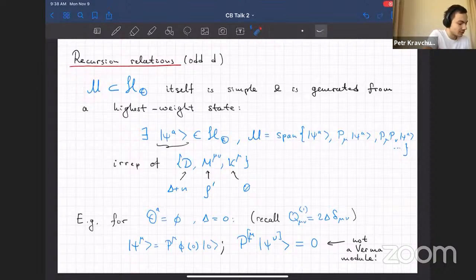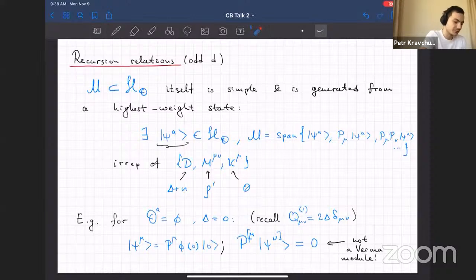And the non-trivial submodule that we find inside of HO turns out to be itself a simple submodule. So it's a very simple picture: HO used to be simple, and then it just developed a single irreducible submodule at a special point. And this irreducible submodule M is generated itself by a highest weight state.